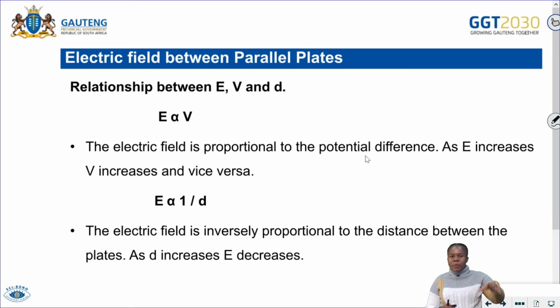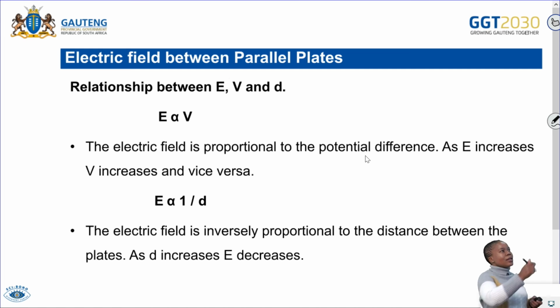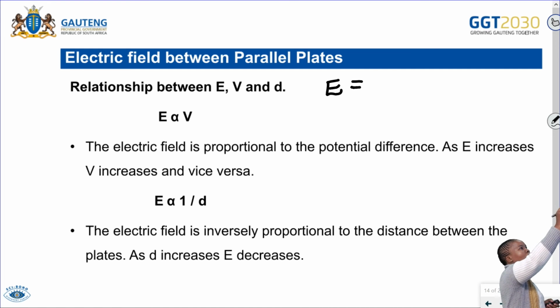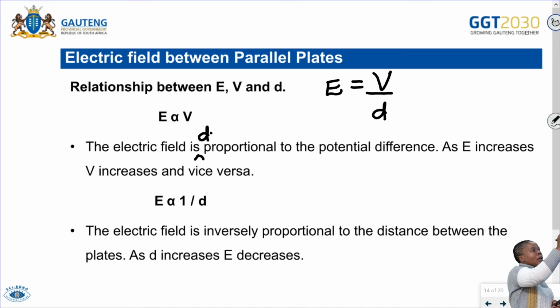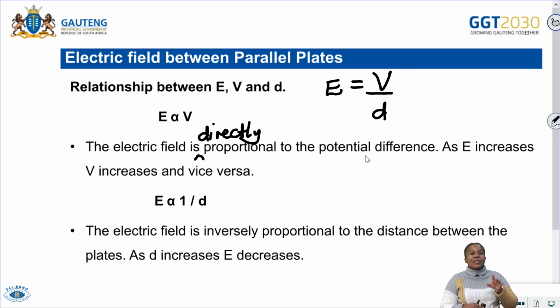But more importantly, let's look deeper at the relationship between all the variables in the formula. Remember, we have E equals voltage over distance. The electric field, given by capital E, is directly proportional to the potential difference.